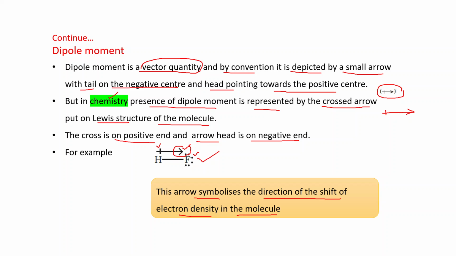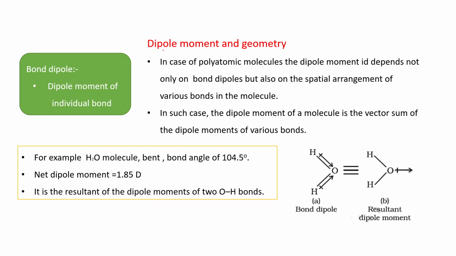Dipole moment and geometry. Dear student, if we know the dipole moment, we can predict its geometry. And if we know the geometry, we can predict its dipole moment. Both are related to each other. In the case of polyatomic molecules, the dipole moment of an individual bond is known as bond dipole.